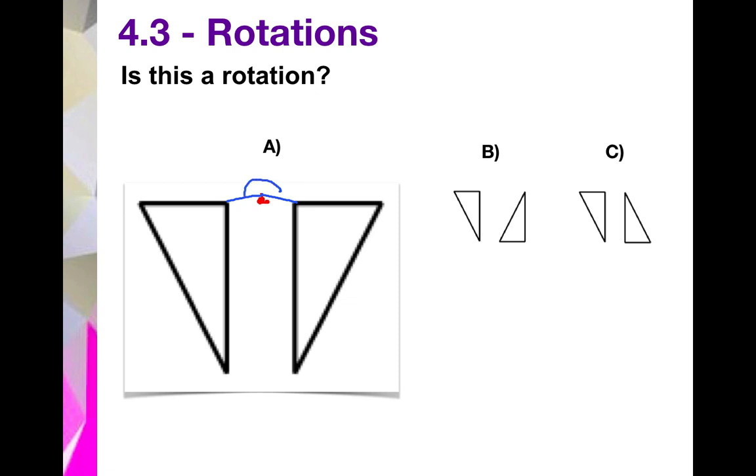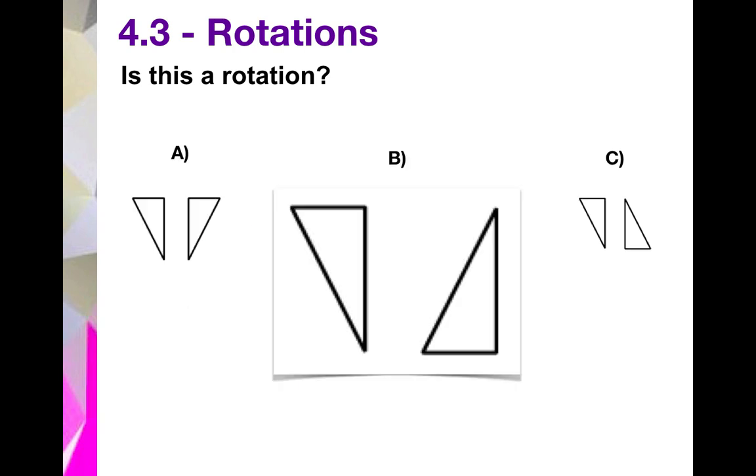If I connect two other points, so here's the before and here's the after, and then I draw the angle, you'll see that the angle is much different than the first angle, so they're not getting rotated in the same way. Therefore, this is not a rotation.